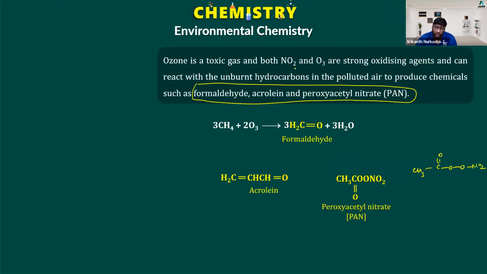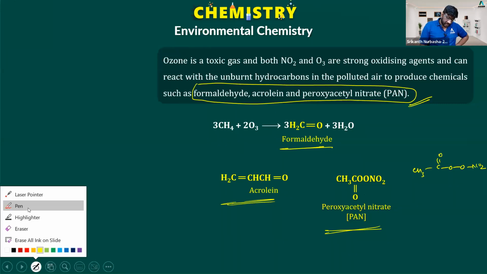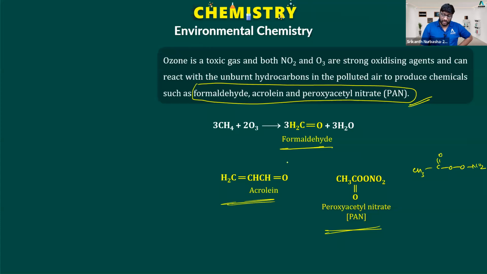Ozone is toxic, and both NO2 and O3 are strong oxidizing agents and can react with unburnt hydrocarbons in polluted air to produce chemicals such as formaldehyde, acrolein, and peroxyacetyl nitrate, that is PAN. And these are the chemicals which are obtained from photochemical smog. Yes or no? Because ozone is also produced. These are the chemical components which are produced in photochemical smog. You can treat them in that way.